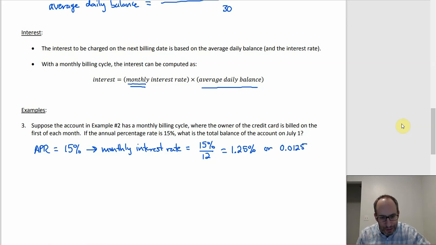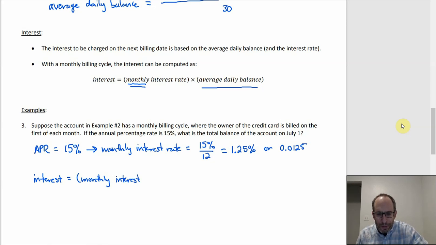Okay, so then the interest. That'll be the monthly interest rate times the average daily balance.